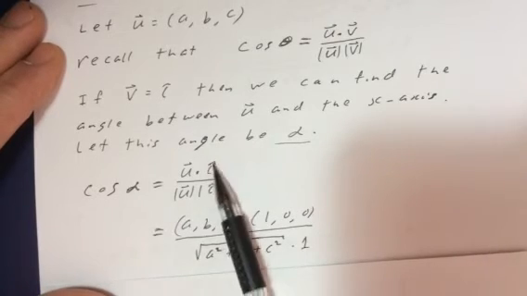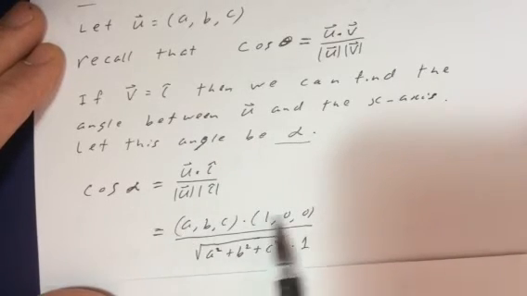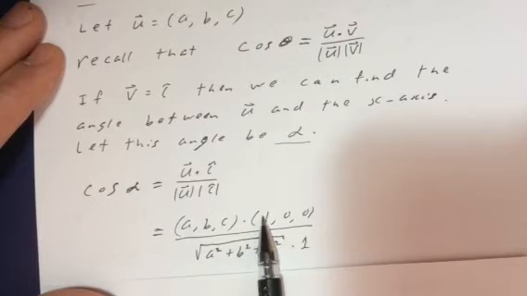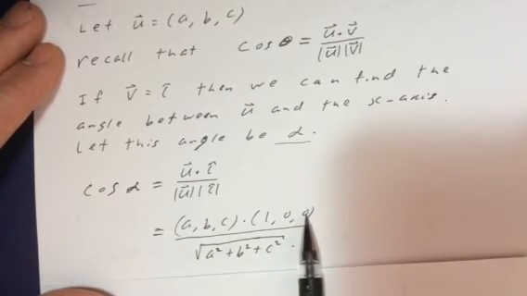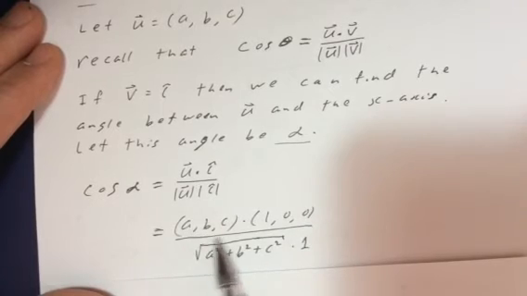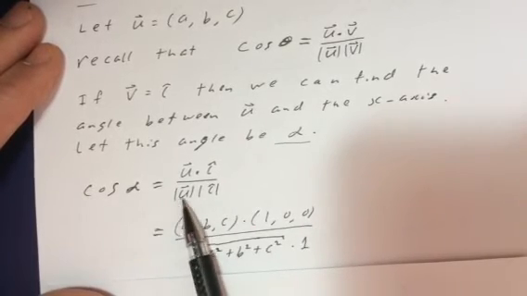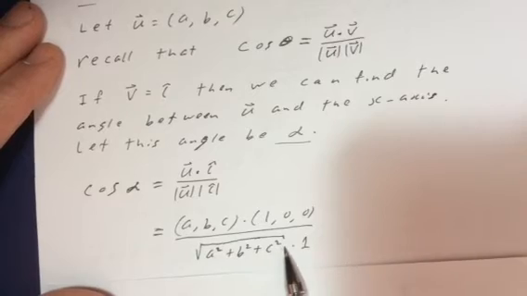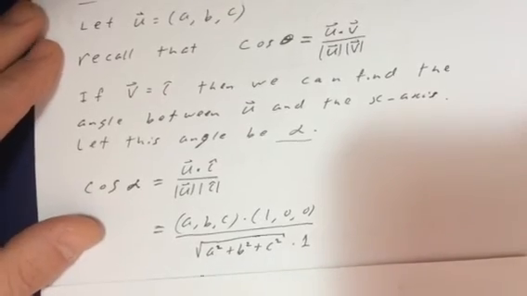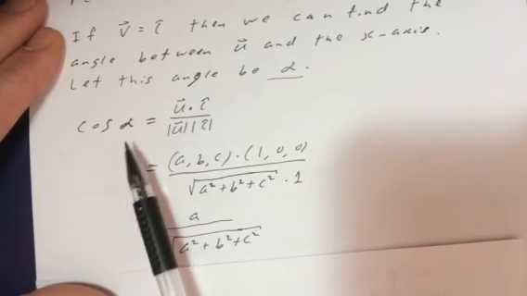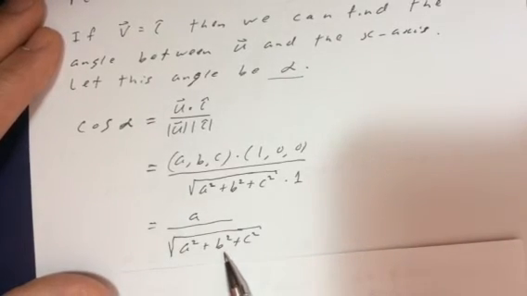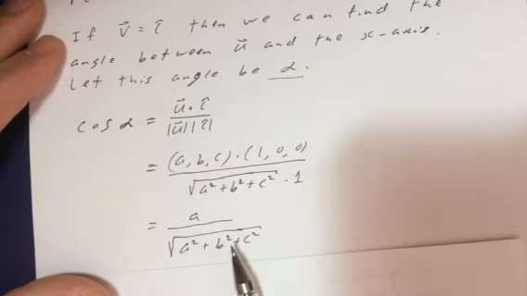Vector i is this one. When we do this dot product, it's a times 1 plus b times 0 plus c times 0, which is 0. So the top just ends up being a. The magnitude of u is this right here, which we know. So this ends up being the cosine of the angle between that vector and the x-axis.